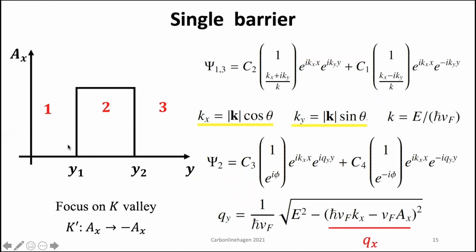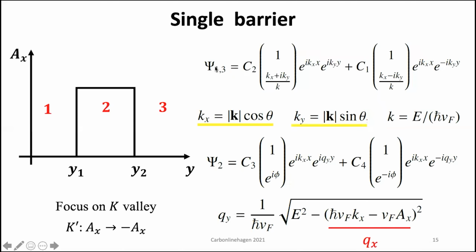In the one barrier situation, I have my gauge field acting at the barrier within the region between Y2 and Y1. I will propose wave functions that exist in regions 1 and 3 and in region 2, and I will match the boundary conditions accordingly, exactly in the same way that we solve problems in quantum mechanics.